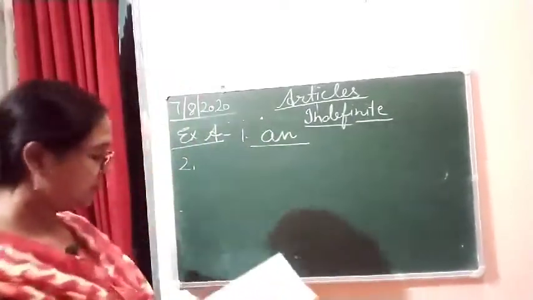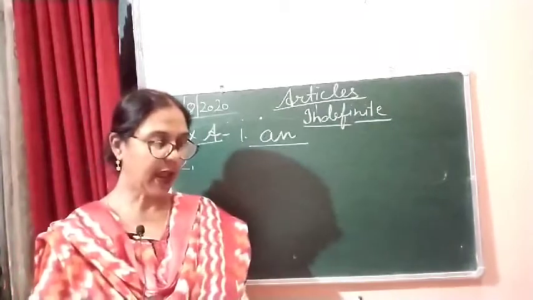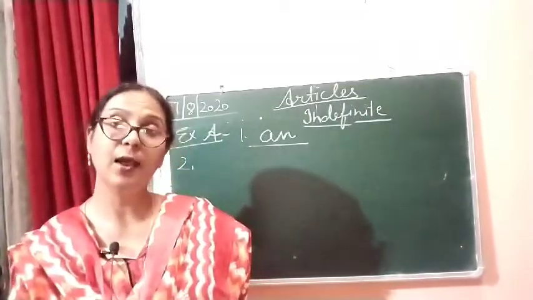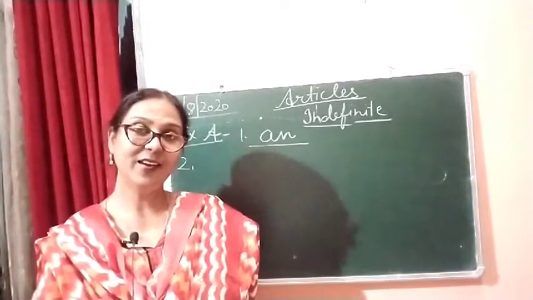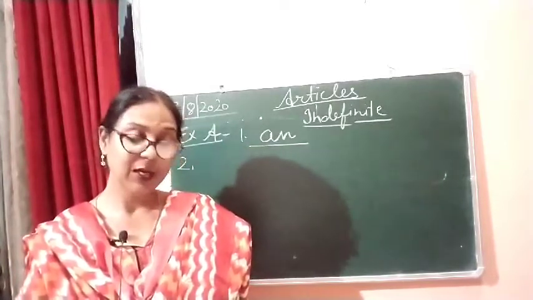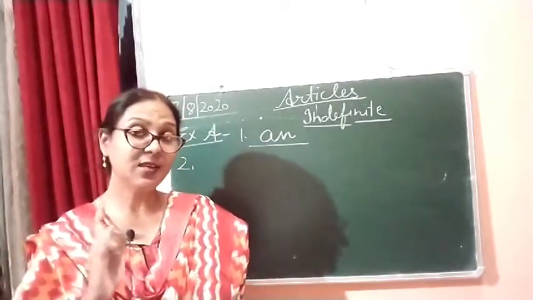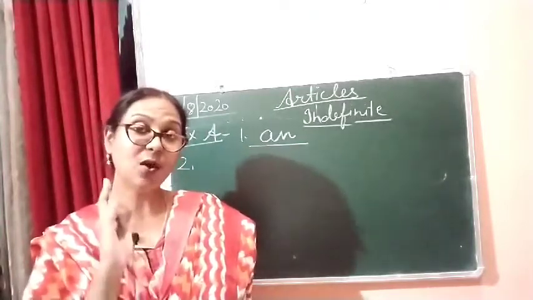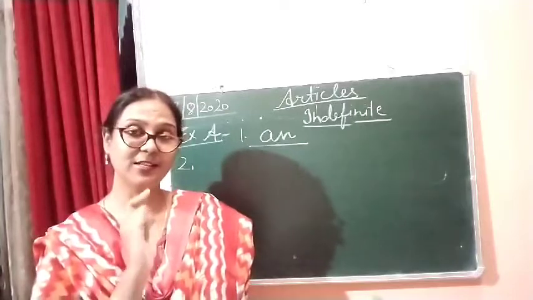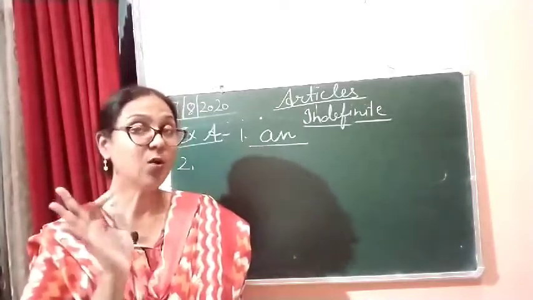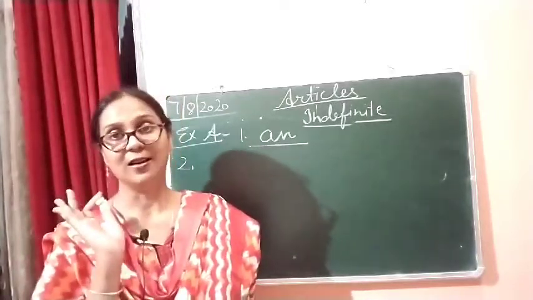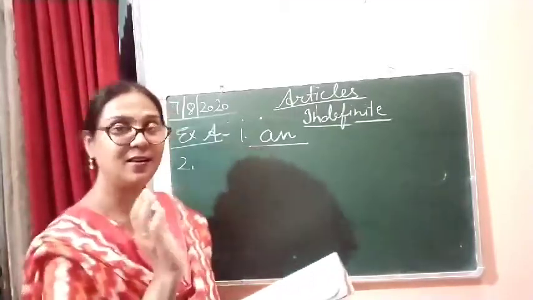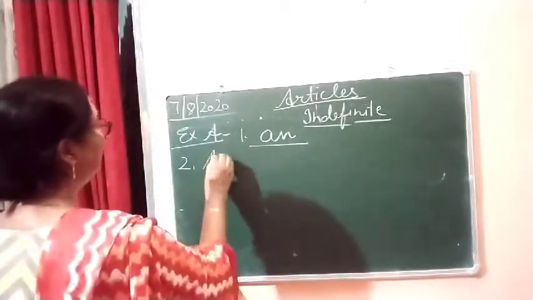In the second, a or an lion is the most ferocious of all animals. Here the word starts with the letter L. L is a consonant letter and its sound is also L. So what are we going to write here? "A lion".